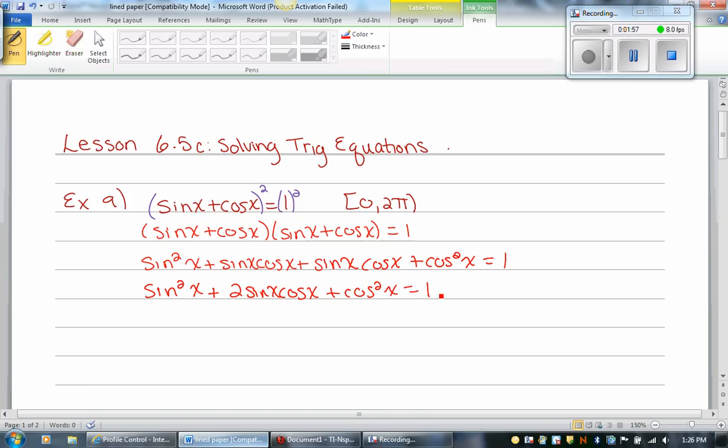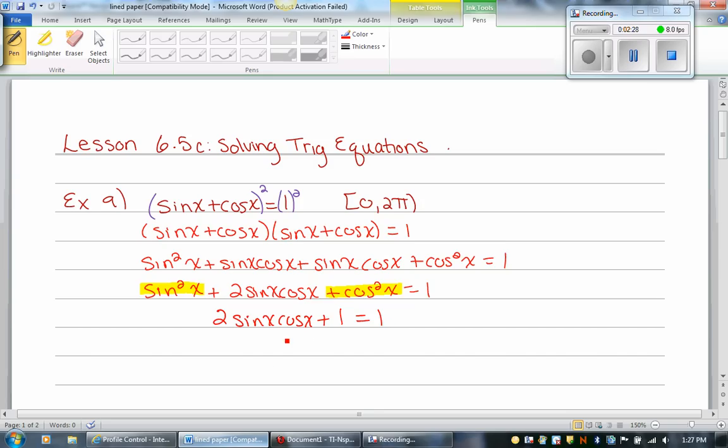And if you notice, something winds up happening here. We're always looking for identities. We've got sine squared x plus cosine squared x. I know that's the Pythagorean identity, and that it equals 1. So I have 2 sine x cosine x plus 1 equals 1.